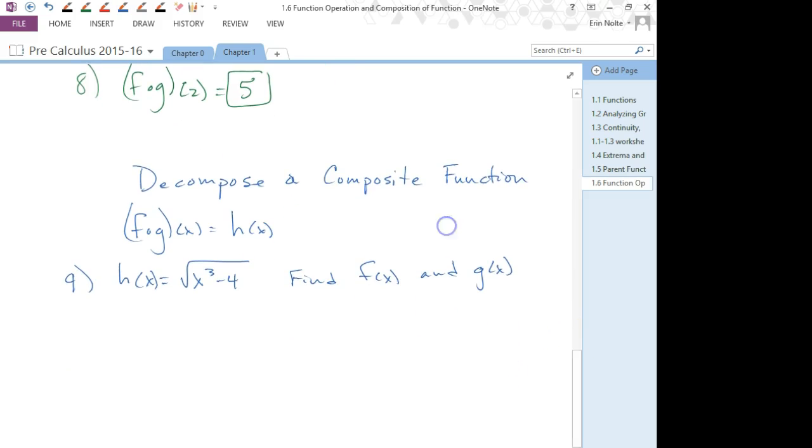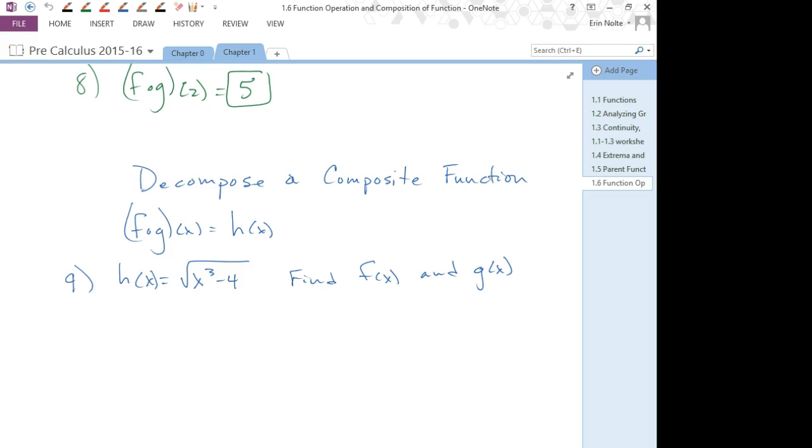A decomposition is kind of like undoing what you composed. So if our h of x is representing an f circle g, remember that the g went into the f. What potentially, and there's more than one answer to this, could the f of x be in the h, or the g of x?